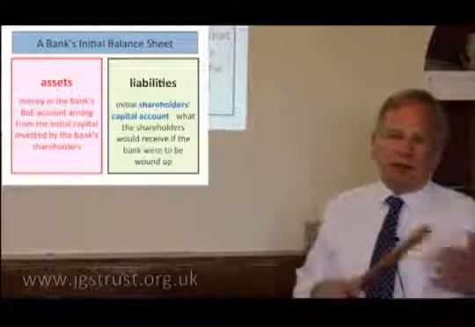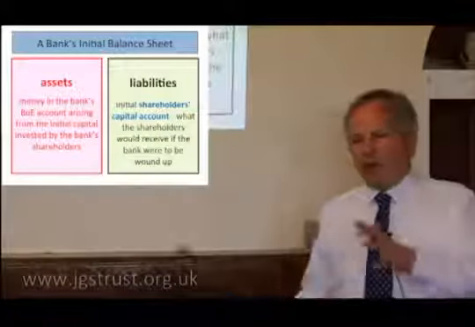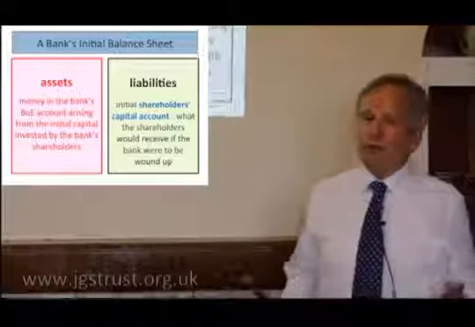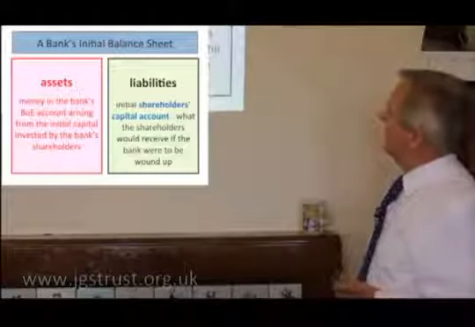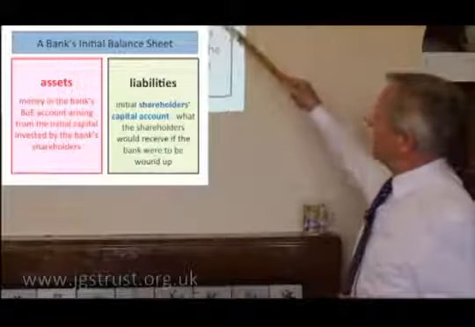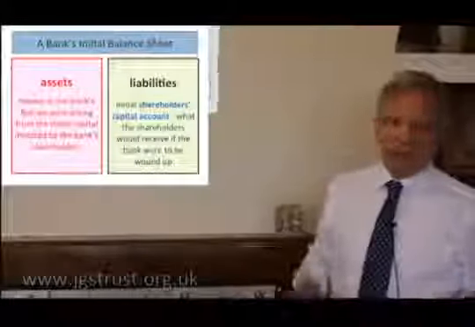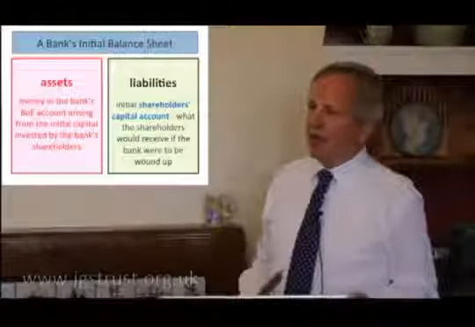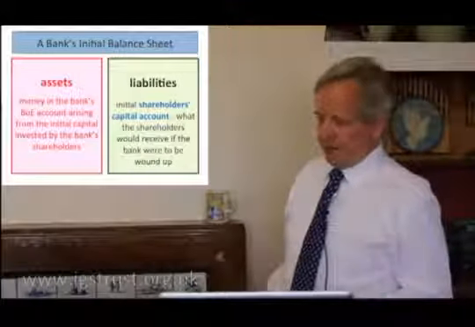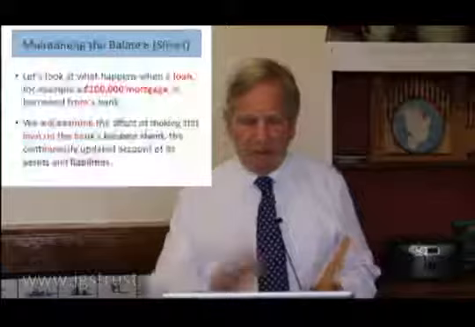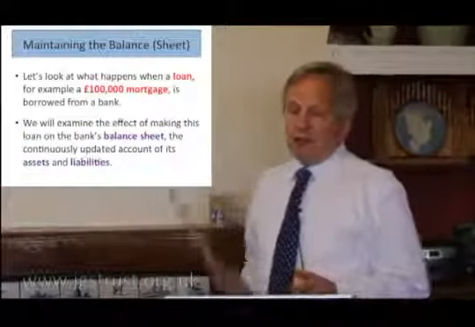It's how much the bank sort of owes back to the shareholders should it be wound up. So if the bank ceases to exist, the shareholders have this claim on the assets of the bank. Therefore it's a liability of the bank, an asset to the shareholders. Right, well, that's the initial balance sheet.